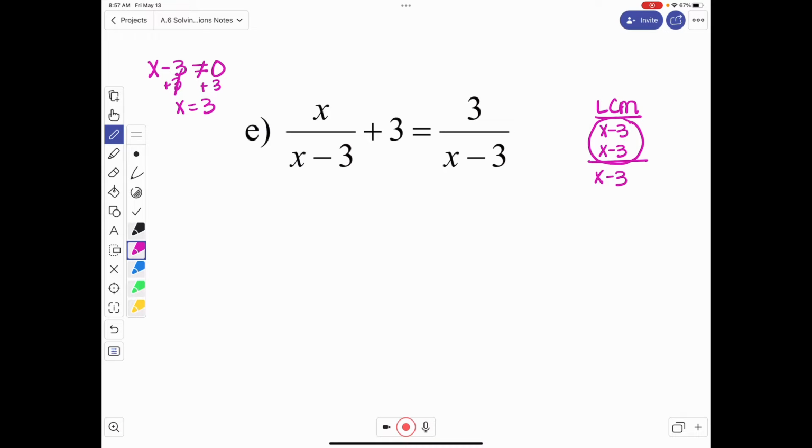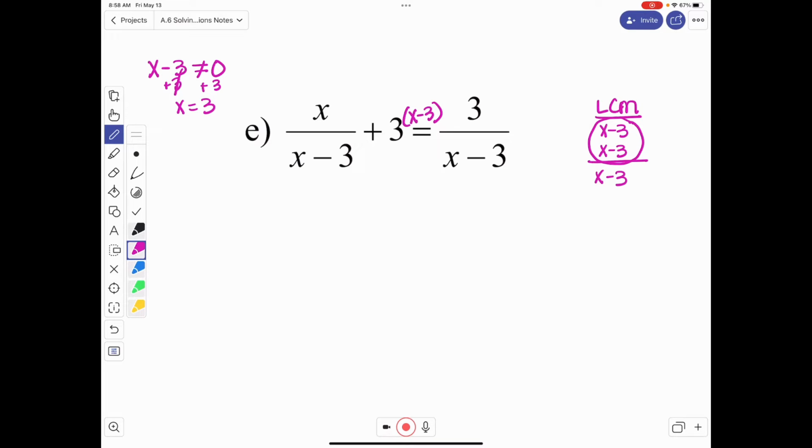Now I go through a process where I look at each part here. Our first fraction has the x minus 3, which means I don't have to multiply by the x minus 3, so it doesn't change. Now my second part, the 3, is missing the x minus 3, so I'm going to multiply by it.